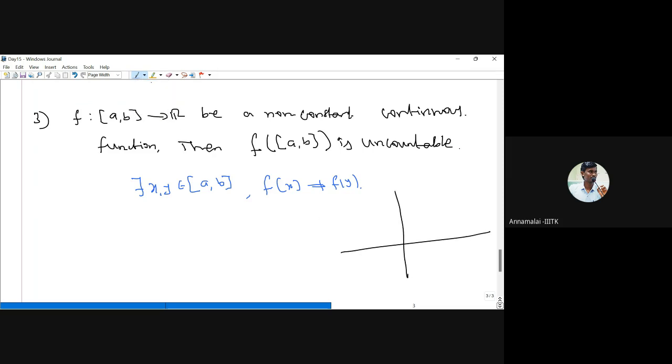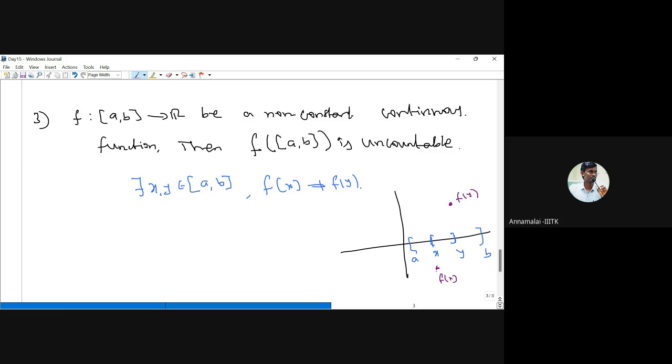Suppose we have a point here, x. This is a, b. We don't know about the other points, but at least we have x and y. Without loss of generality, we assume that x is smaller than y. For this interval, f of x is not equal to f of y. Suppose f of x is here and f of y is here.